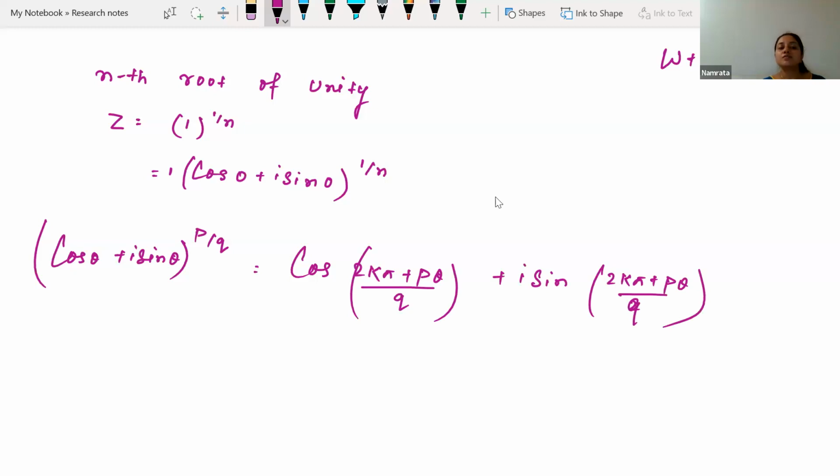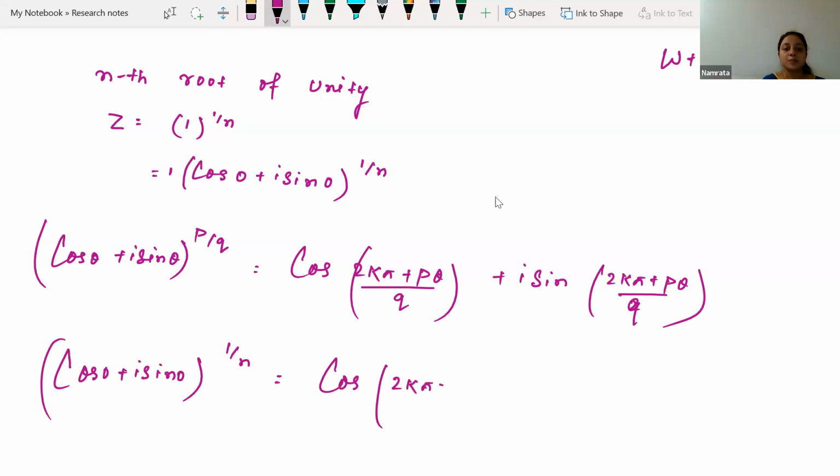Let's apply this formula. So cos 0 plus i sin 0 to the power 1 by n can be written as cos of (2k pi plus p theta) by q, where p is 1 and theta is 0, so cos of (2k pi plus 1 into 0) by n plus i sin of (2k pi plus 1 into 0) by n.